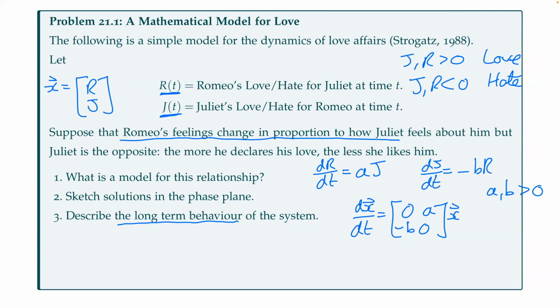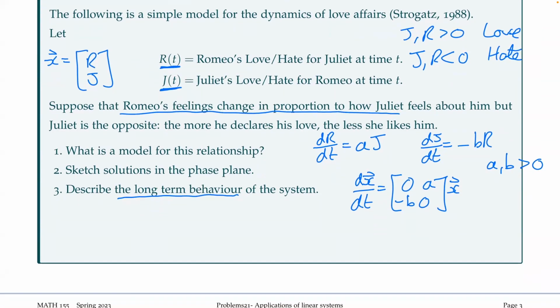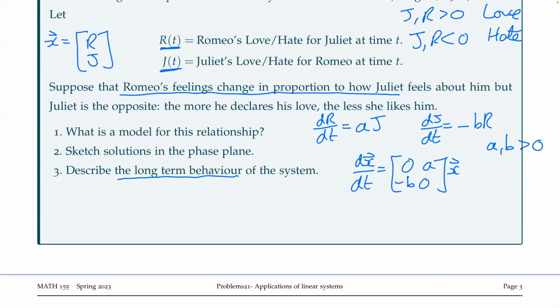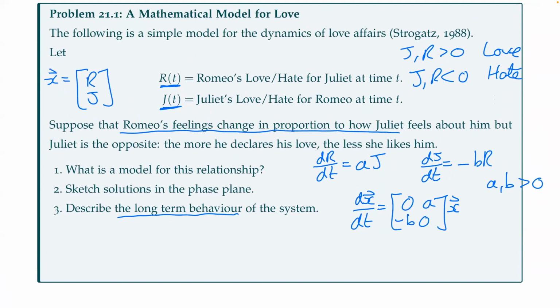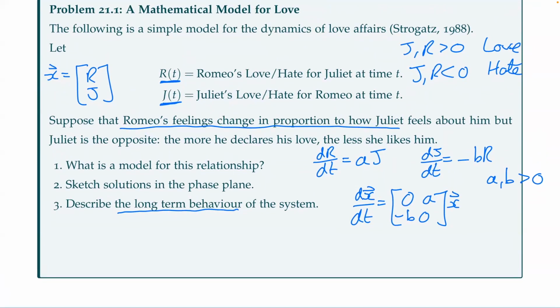Okay, I'm not seeing many phase planes as I'm walking around, so I'm going to go through this with you guys. What I'm going to do first of all is look at my trace and determinant, because that will tell me what I should be drawing. If I look at my trace, which I'm going to call tau, so the trace of my matrix A, we've just got 0 and 0 on the main diagonal.